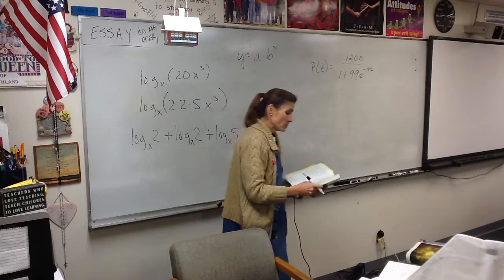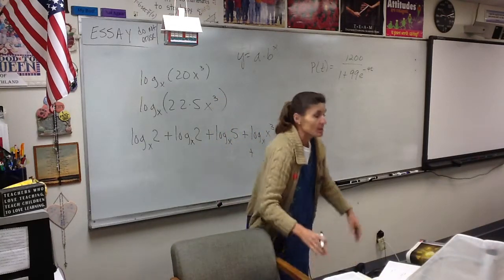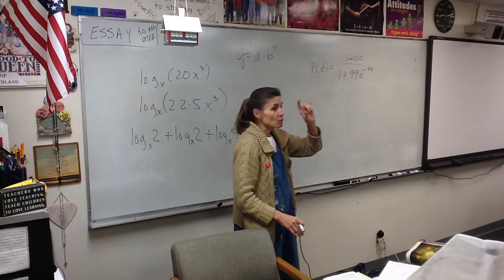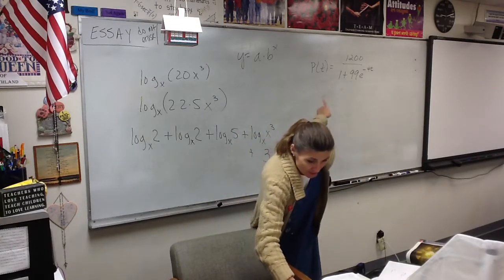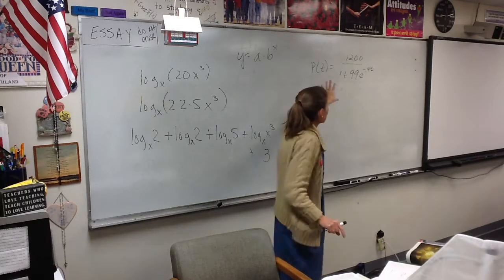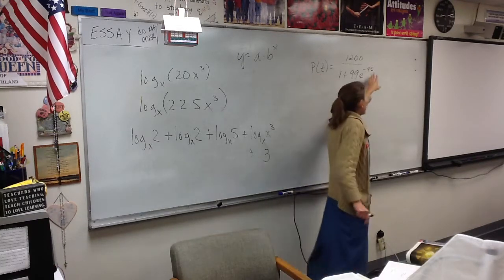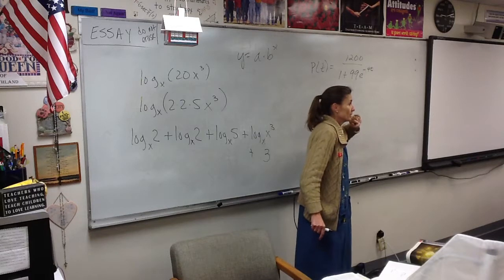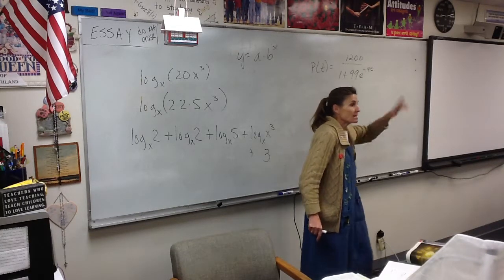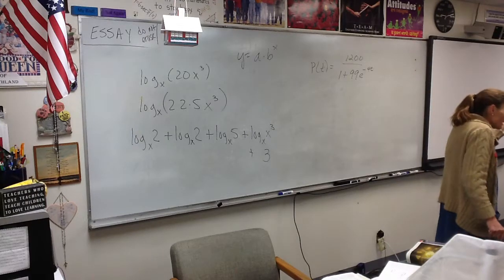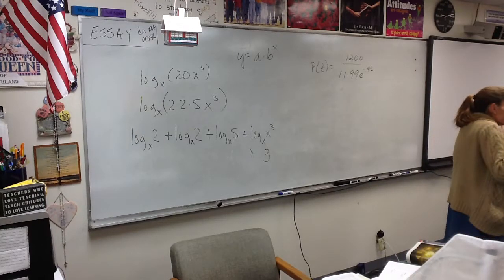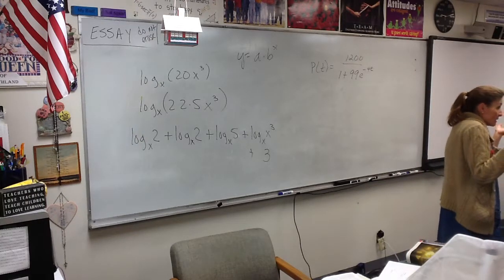And it says, what was the initial population of deer? This is an easy question if you've read the question. The question says, this equation gives you the population after T years. So if I say to you, what is the initial population? That's the population when T equals 0. Isn't that the beginning?